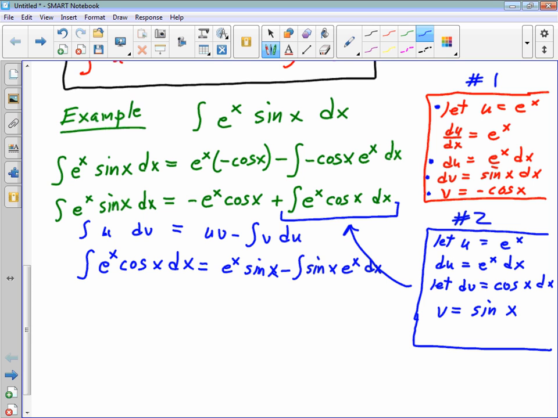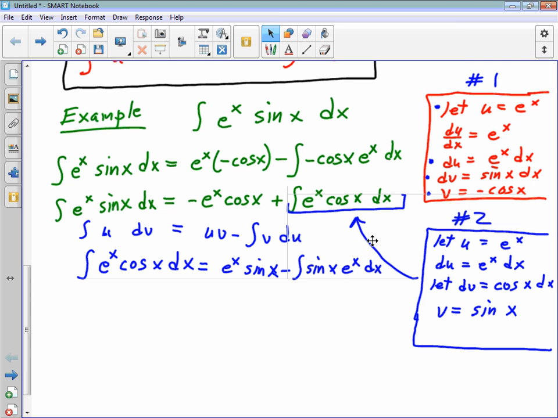So that's just that part: the integral of e to the x cosine x dx equals e to the x sine x minus the integral of sine x e to the x dx. And I know what you're thinking. You're saying this will go on forever.